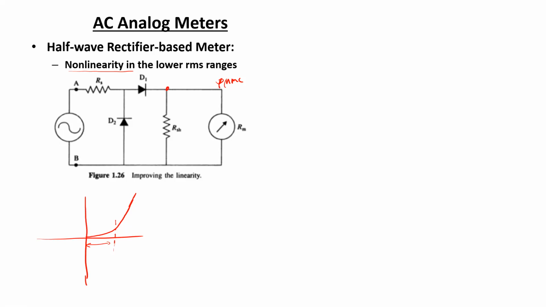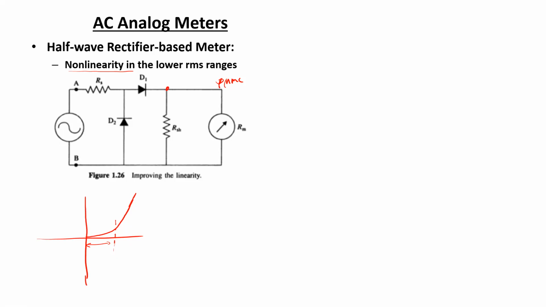If the current is increasing through the diode, then we can say that the diode would be operating in the higher ranges, that is almost linear.